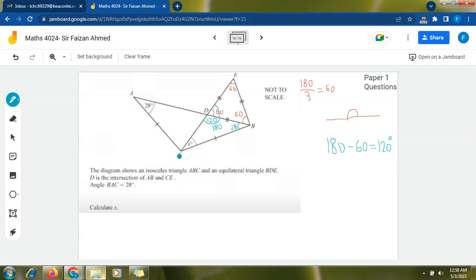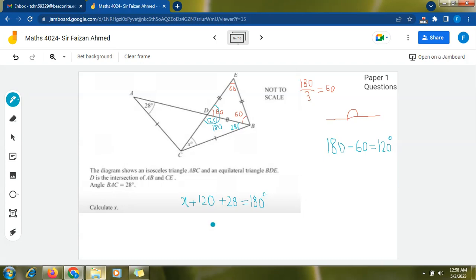How? Now concentrating on the triangle CDB, the three angles are x, the next one is 120, and the third angle is 28, and I know that the sum of interior angles of a triangle is equal to 180. So I will just add these three and equate it with 180 degrees.